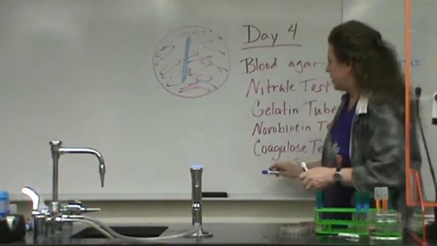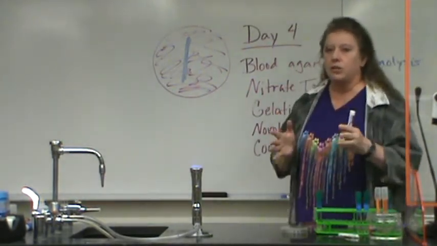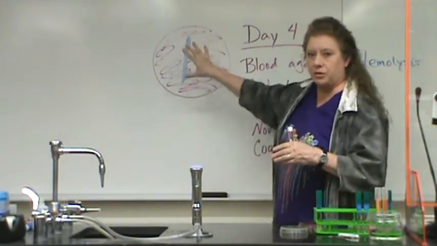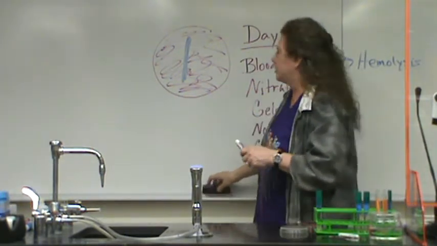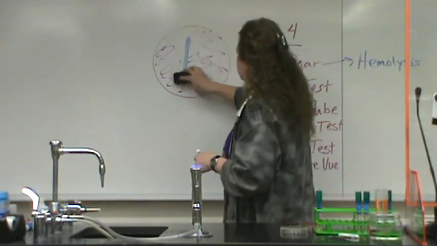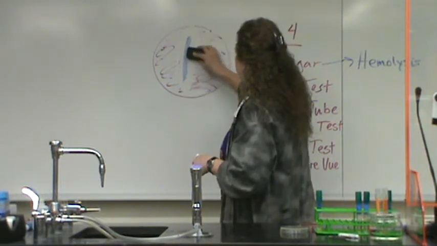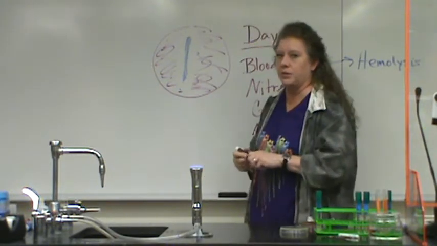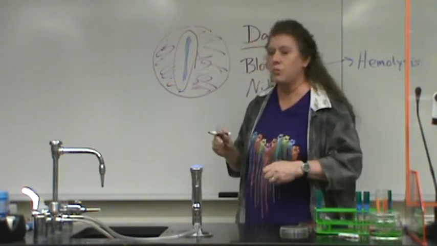Okay, and after incubation, you're looking for a halo around that area of growth, meaning those cells used the blood cells around them. So if it's alpha, there'll be a halo around it, but the halo won't be clear.